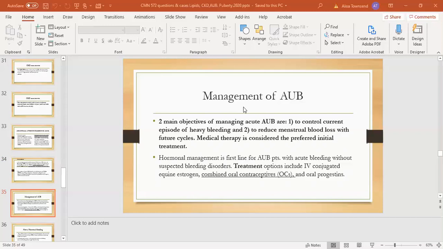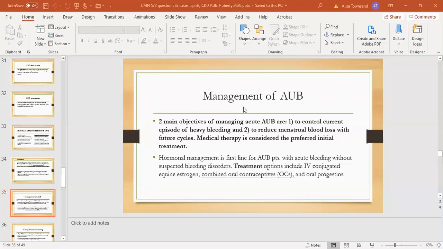Now, this is beyond the scope of this lecture, to get into all the surgical management. We're just going to talk about hormonal management. If they're bleeding very heavily, then they may get IV estrogen. That's beyond standard family practice fare. You're going to be looking at combined oral contraceptives for people pretty much in the chronic abnormal uterine bleeding domain. That's where we're focusing more.